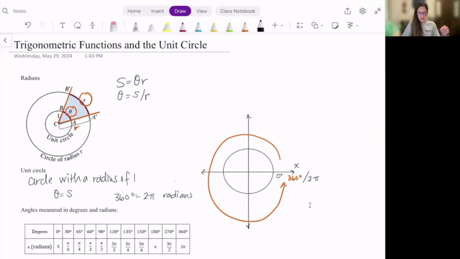If you cut that in half to do 180, that is just pi. Pi is equal to 180 degrees. If you cut 180 in half, where you get 90 degrees, that's equal to pi over 2.